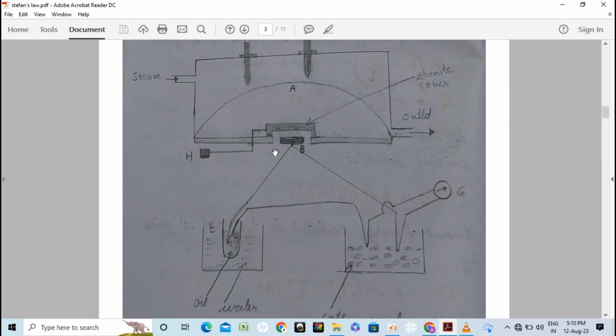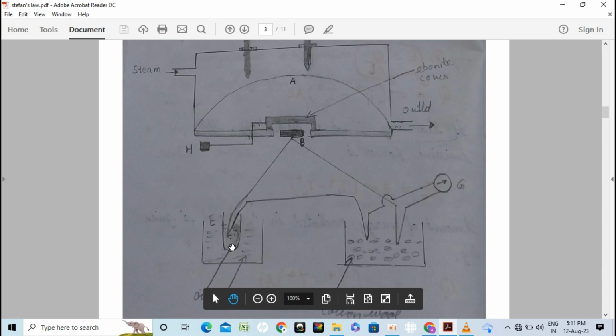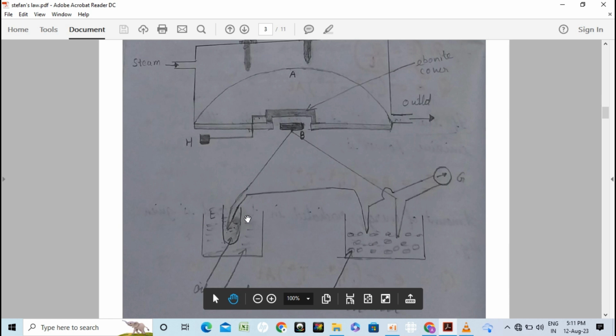Now, this is a thermocouple. Its one junction is immersed in this test tube containing oil. This test tube is placed in a water bath.